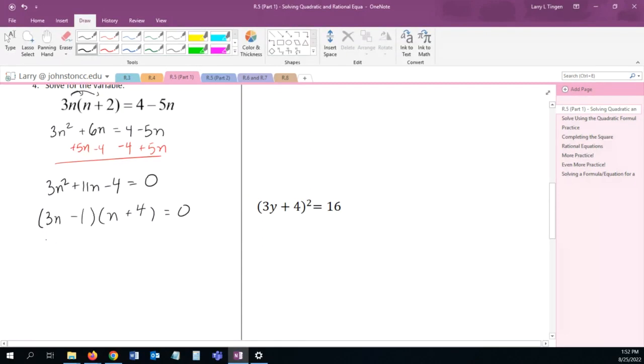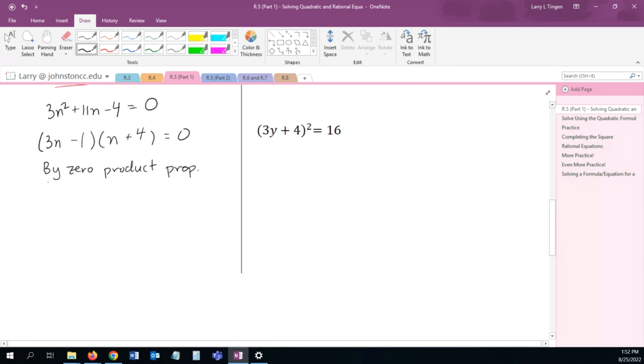This is the place I want to get to, because now by the zero product property, two factors have multiplied to give me 0, which means that the first is 0 or the second is 0.